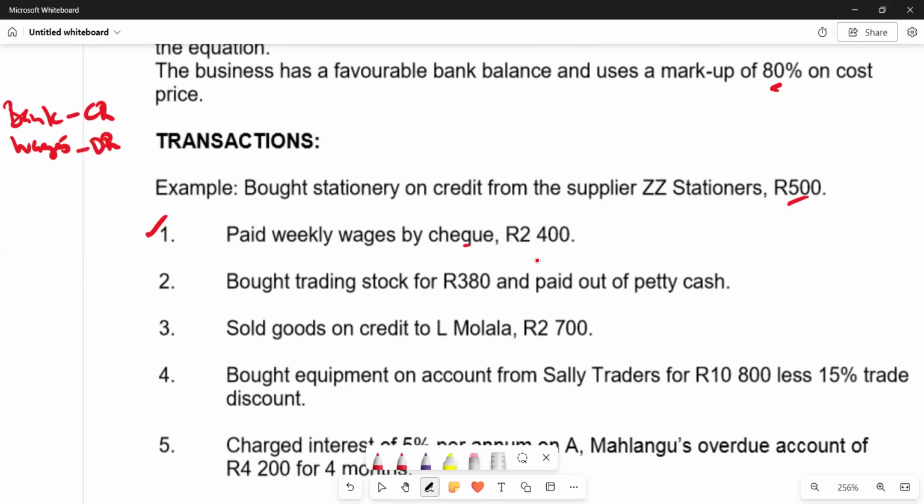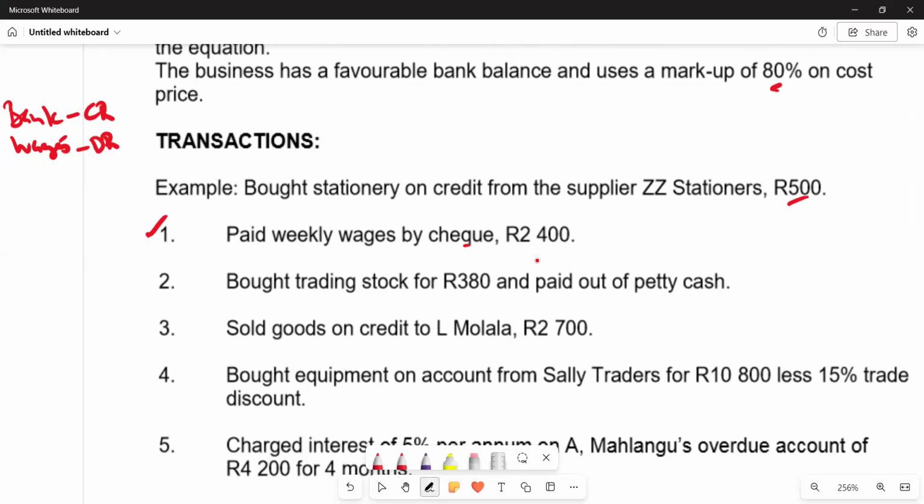We should also abide by the double entry principle, which says every debit entry has a corresponding credit entry. We don't debit and debit. We debit one account, then we credit the other. So we have debited, we have credited. That's a complete double entry.